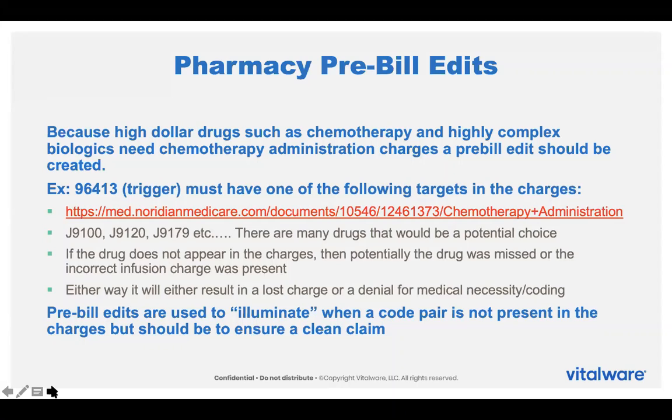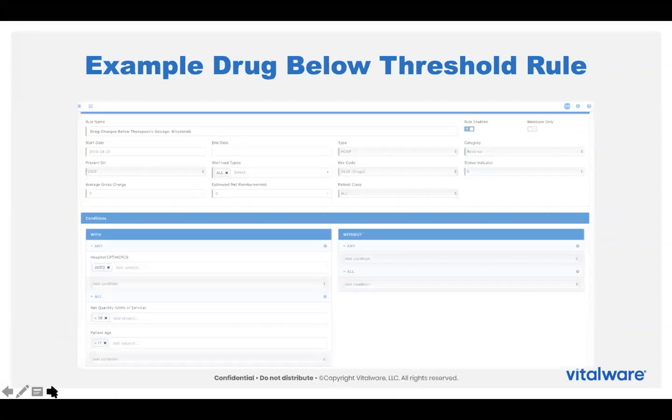So pre-bill edits are used to illuminate when a code pair is present and the charges to ensure the claim. And here's an example, albeit very small in your deck, you'll be able to see it better. But this is rituximab. And this is a rule that says if I have J9312 on the claim with a billing unit less than 38, which is the minimal therapeutic dosage, and a patient who's over the age of 17, stop it.